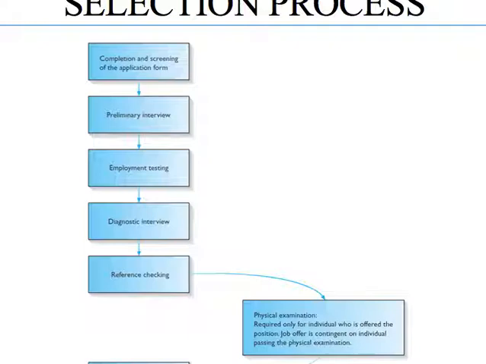Those are required for anyone who's actually offered the position, and that should be contingent upon that individual passing any kind of physical examinations, drug tests, and so on. And then it goes into the final decision.